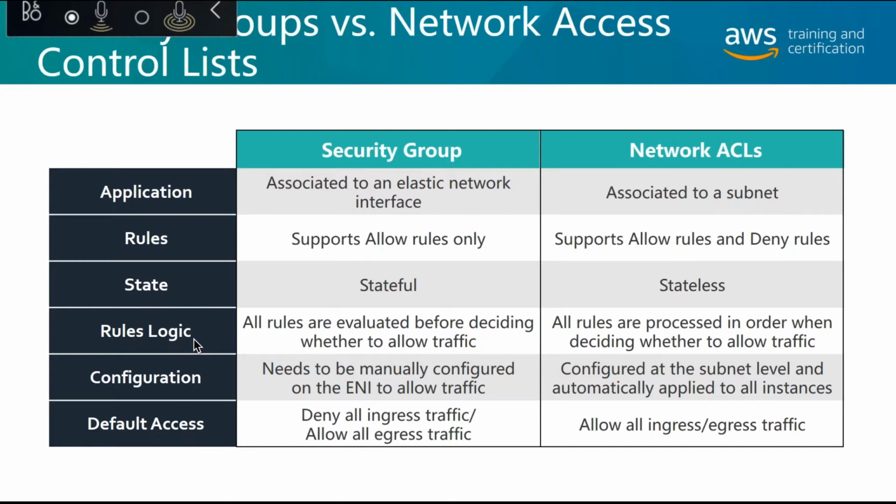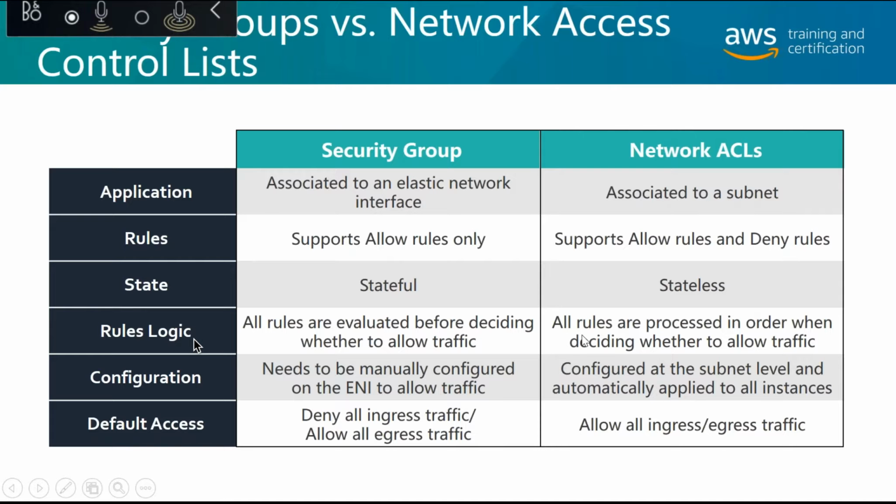So security groups are at the ENI level, the elastic network interface. By default, the access is allow all egress traffic and deny all ingress traffic, so you have to open up the port to allow ingress traffic. Whereas a network ACL, a NACL, is at the subnet level, and it is stateless. Big thing here, stateless.